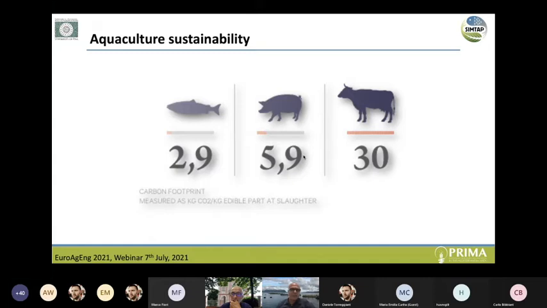Actually, aquaculture, in the actual traditional conditions, is already one of the most sustainable food sectors, at least in the animal production sector. So this is already good positive news.